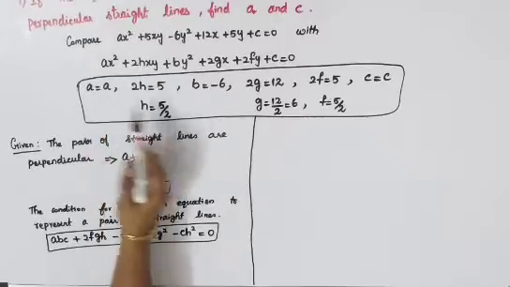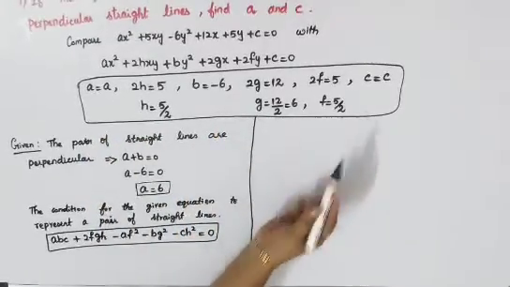Now a, b, c: a is 6, b is −6 and c is c itself.